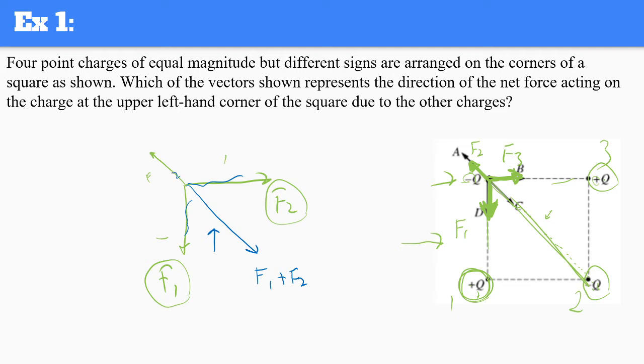So that means it's definitely longer than F2 itself. Sorry, that should be F3. So what does that mean? The net force acting on the charge on the left corner is going to be going diagonal down, which is C.